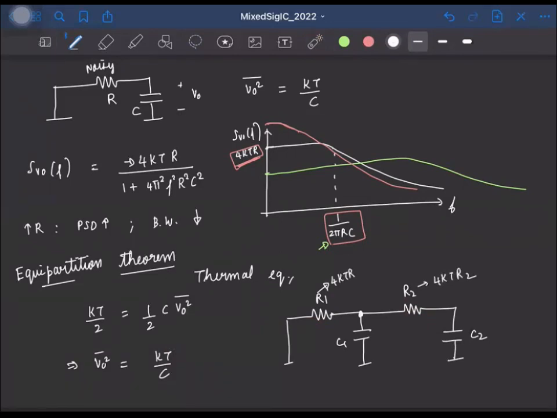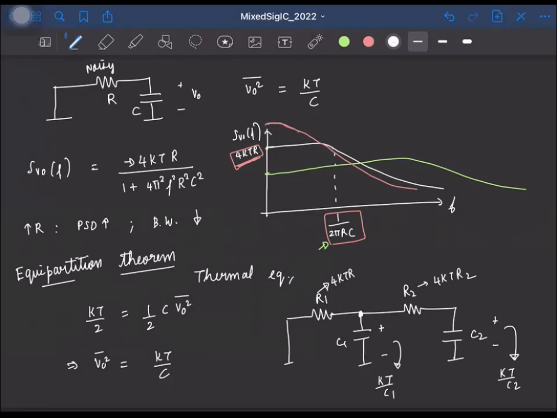And if you try to find the mean squared value of the voltage across this capacitor C1, that will turn out to be kT by C1. Similarly, for this capacitor, it will turn out to be kT by C2. Okay, so in general, across any capacitor, the result will be kT by C, right? And this will be fine as long as you don't have any poles at the origin.